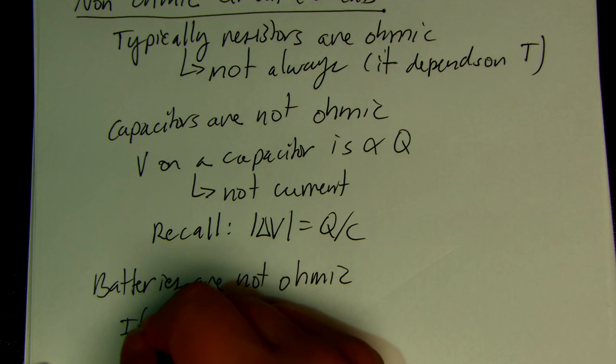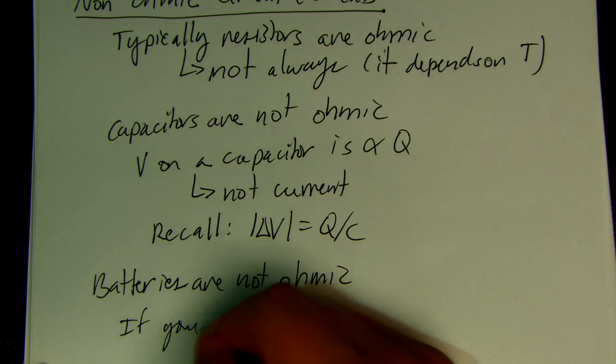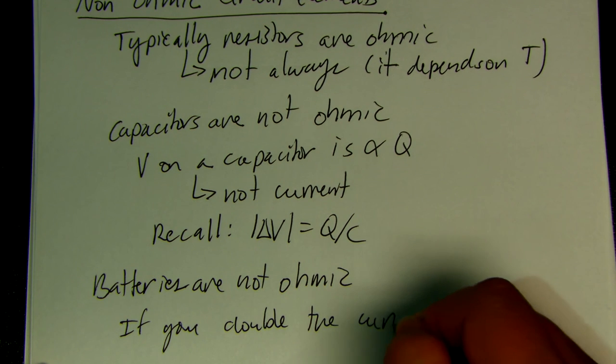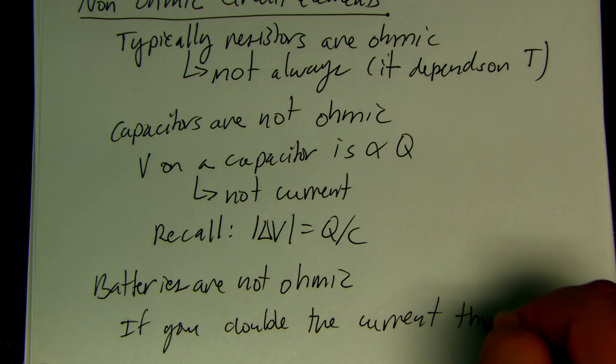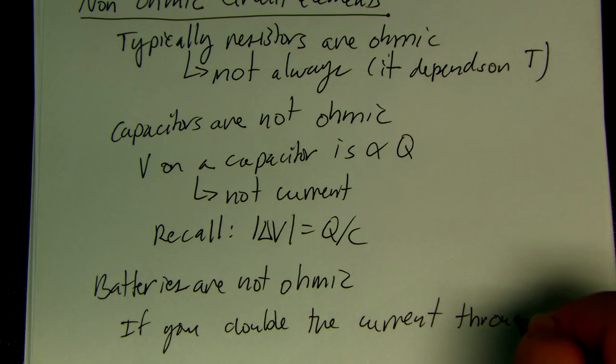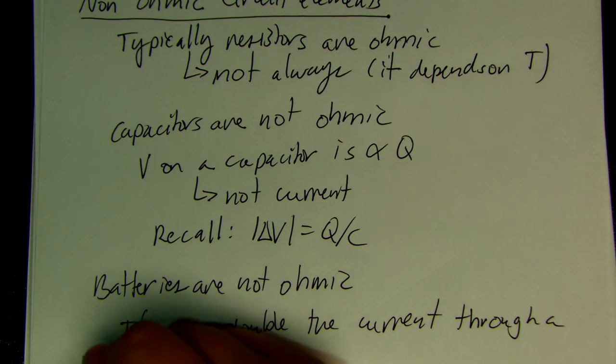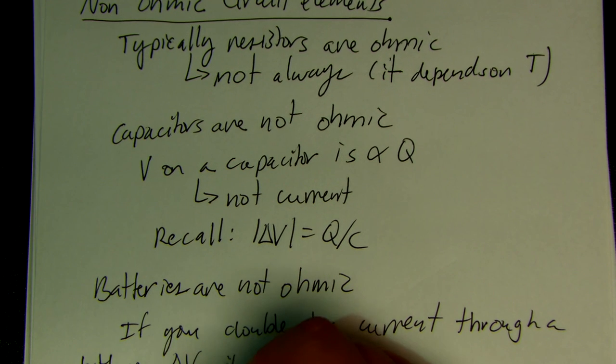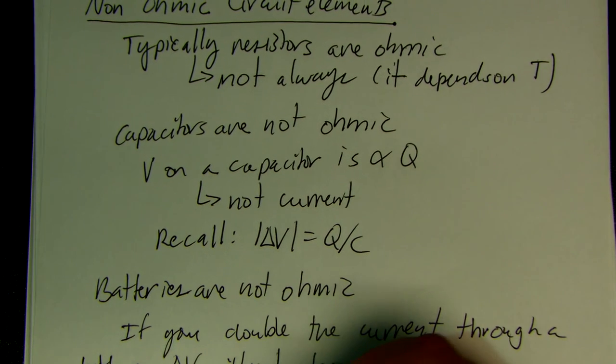If you double the current through a battery, delta V will not change.